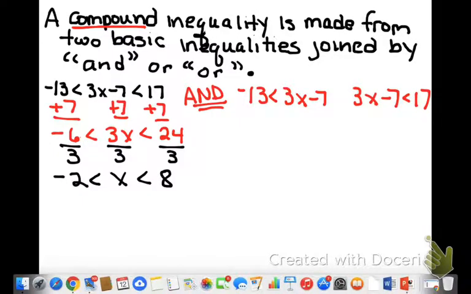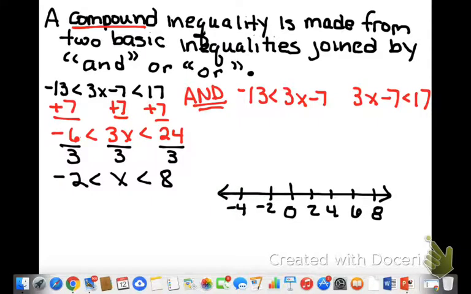The idea was we were working to isolate the x. In order to graph it, we start reading from the x. x is greater than negative 2. There's no equal to bar, so it's going to be a hollow circle, and we start highlighting the values that are greater.